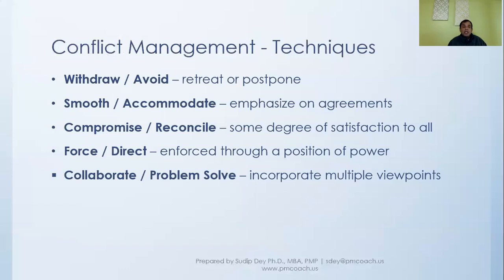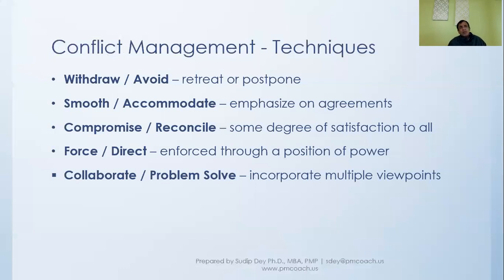In fact, it is the best solution when we are resolving a conflict, and this is why it is also called a win-win technique. So these are the five techniques that are available when we resolve conflicts.